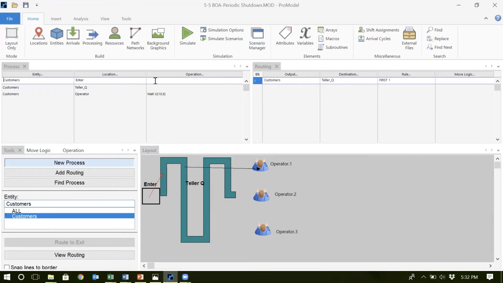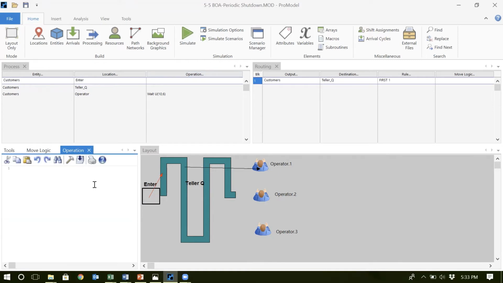So right here at entrance, as soon as the customers enter the system, I have to write the condition that tells the simulation to look at the simulation time. If the clock is between 12 noon to 1 p.m., do not let those customers come in. Also, if the clock is past 4 p.m., do not let those customers come to the system. So they get to the entrance.